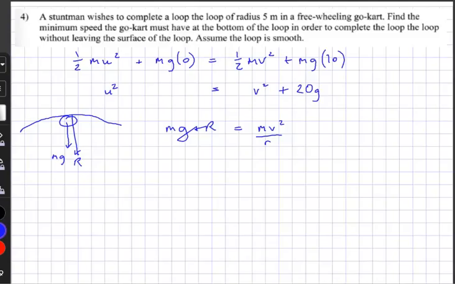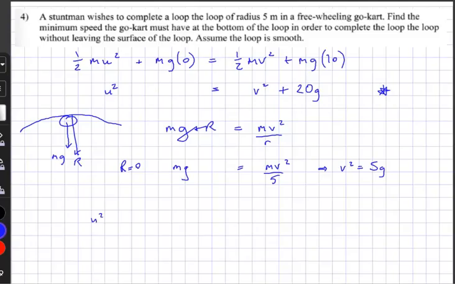Now r is equal to 5, and let's assume that the reaction is 0 at this point at the top. If we divide both sides by m, we end up with v squared is equal to 5g. Now we can use that in our earlier equation.